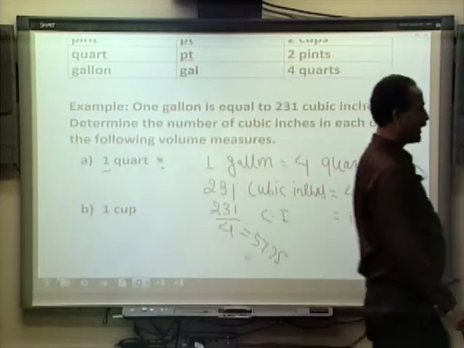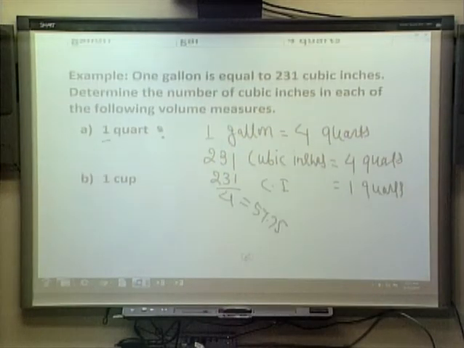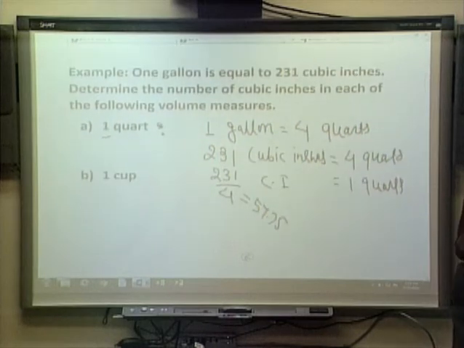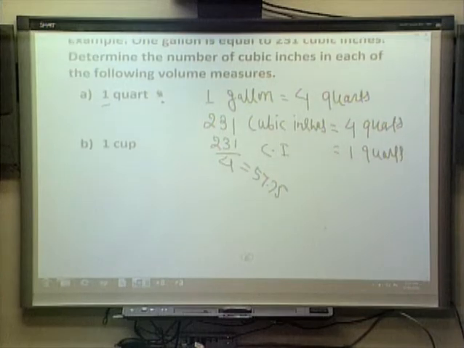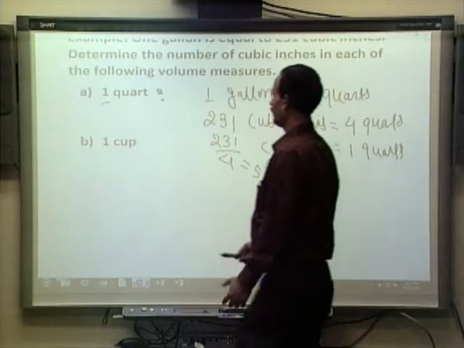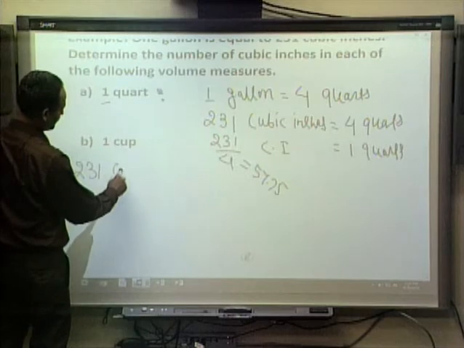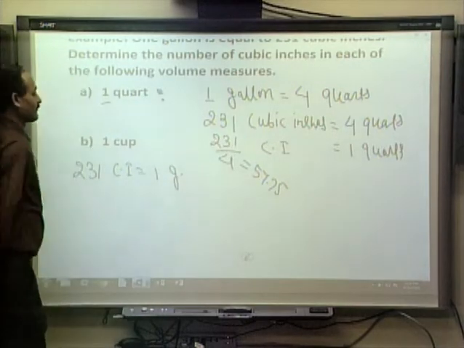Okay. Now, 1 cup. Again we will do the same thing. We know 1 gallon is 231 cubic inches, so we may say 231 cubic inches equals 1 gallon.